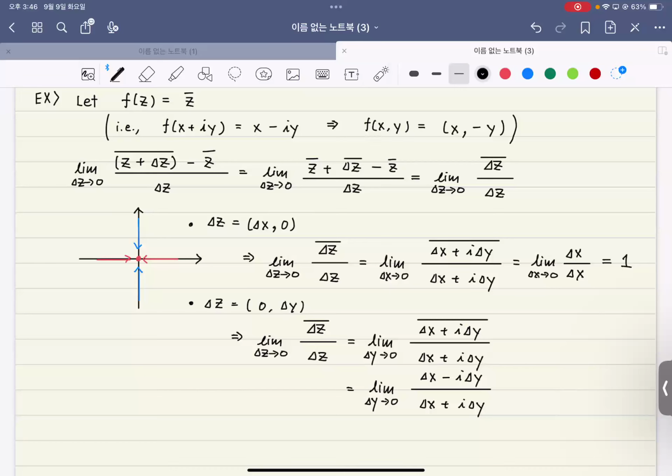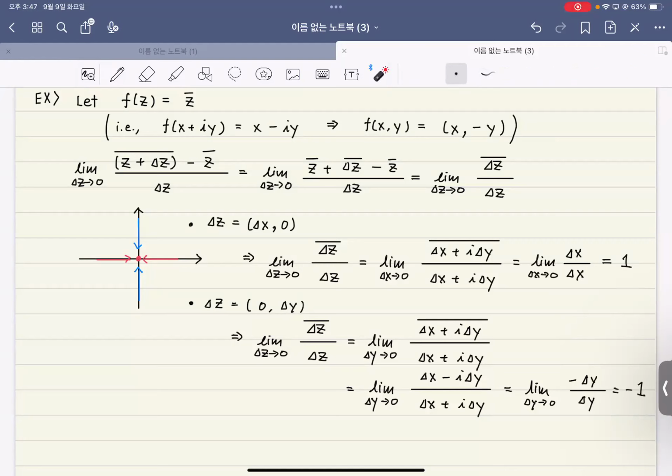Since I am taking the complex conjugate, the complex conjugate of delta x plus i times delta y should be delta x minus i times delta y. And here, since delta x must be 0, this just vanishes. I have my minus sign over here and the positive sign on the bottom, and this imaginary unit i just cancels out. So what I have is just minus delta y over delta y, which is minus 1.